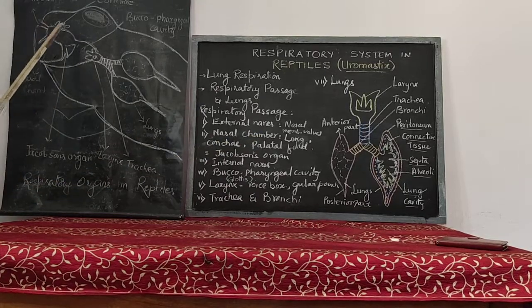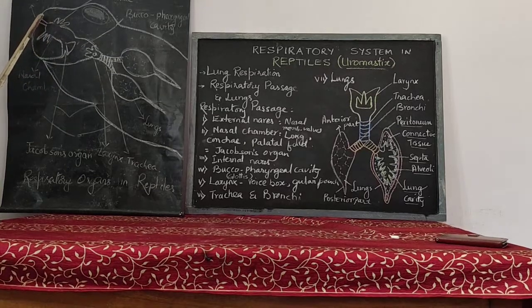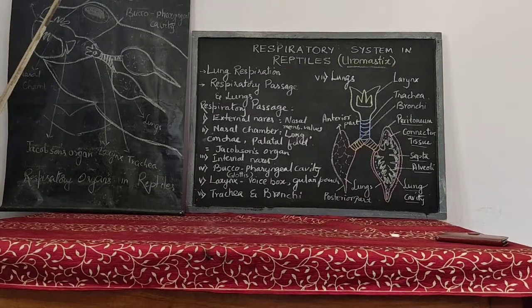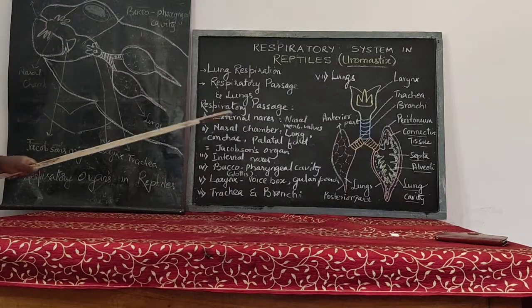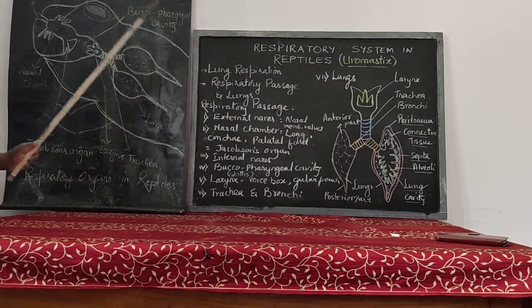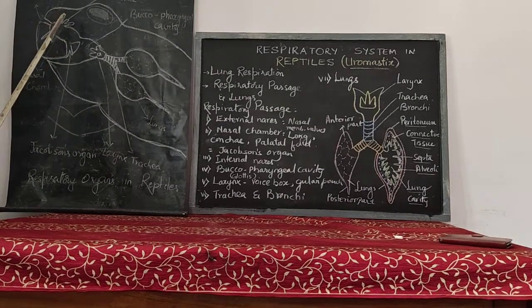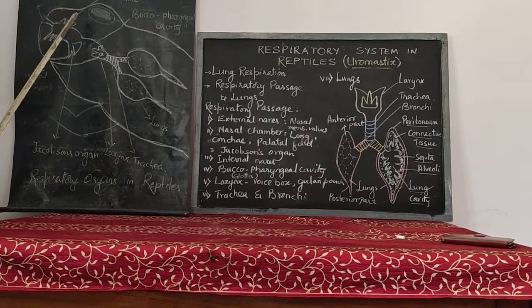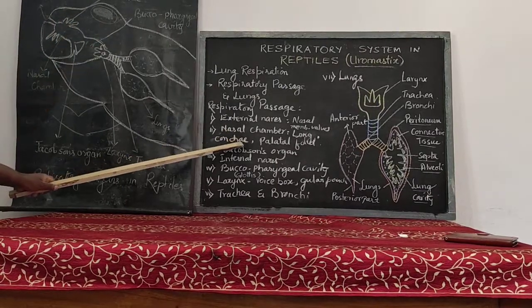The nasal chamber is a long and vital chamber that is in continuity with the external nares. This chamber is provided with the mucous membrane and shows towards its lateral side minute subchambers. These subchambers are called conchae.